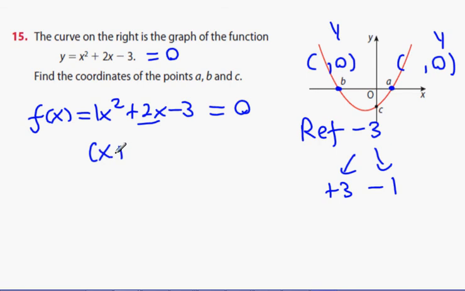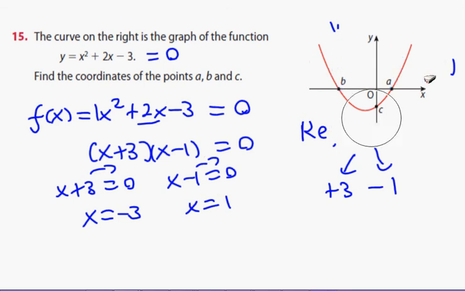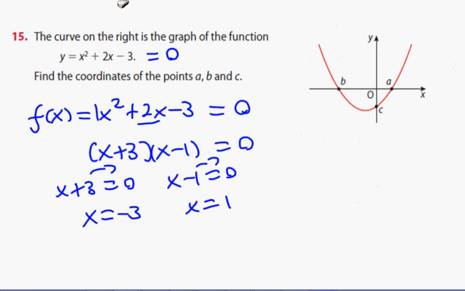So you're going to have x plus 3 times x minus 1 equals 0. Then x plus 3 equals 0 or x minus 1 equals 0. x equals minus 3 or x equals 1. Now what does that mean for this above? B is minus 3, 0, A is 1, 0.